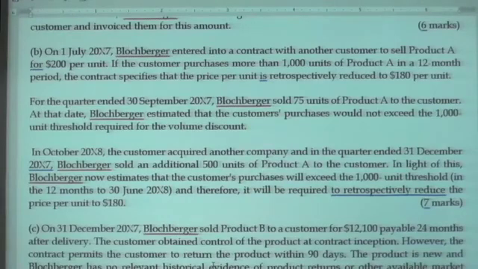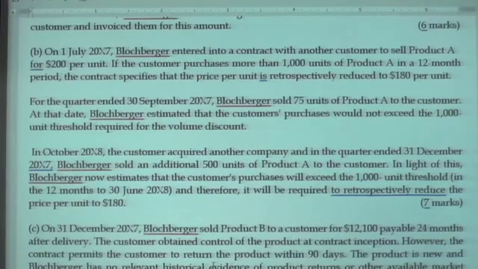If the customer purchased more than 1,000 units of product A in a 12 month period, the contract specified that the price per unit is retrospectively reduced, go back and adjust, to 180. What is the originally agreed price? 200. However, if the customer buys more than 1,000, the price will be reduced retrospectively to 180.